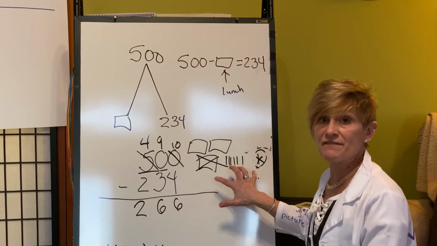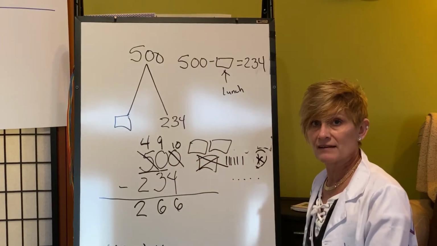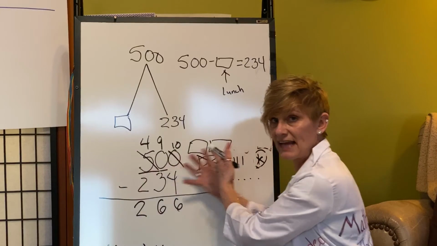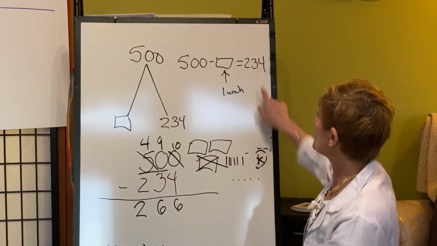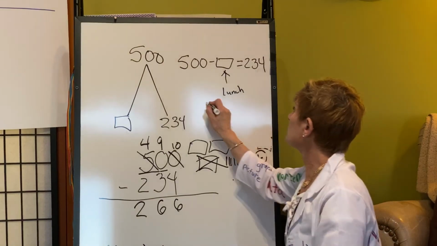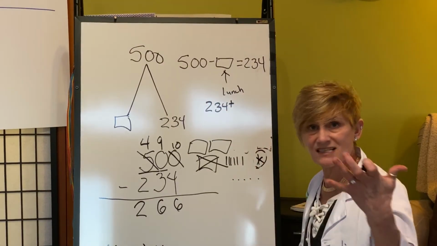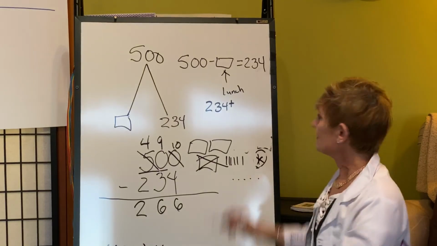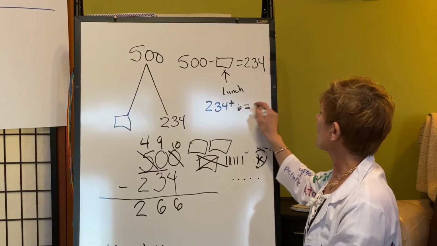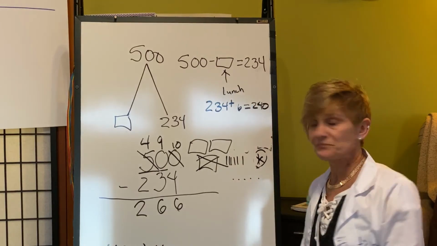I used a visual, but I also did my ungrouping. I did them actually together. If some of you were like Mrs. Seitz, I would just add up from 234. That's fine. I would add a 6 right away, and that would get me to 240.